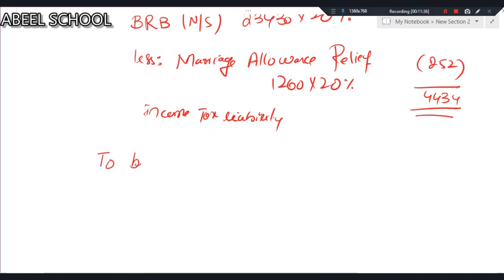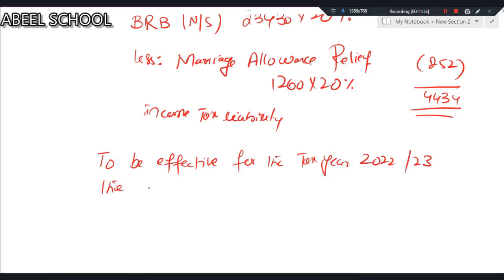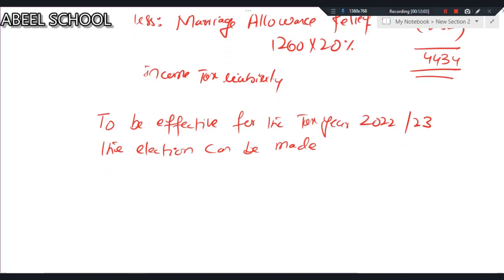To be effective for the tax year 2022-23, the election can be made either in advance or in arrears.